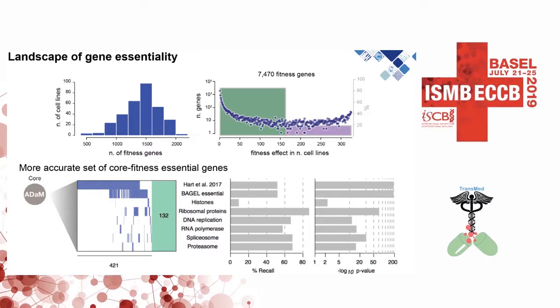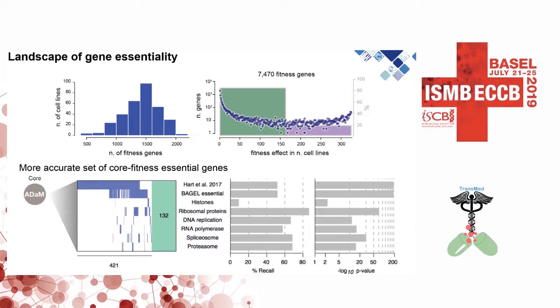So we put together an adaptive statistical method called the adaptive DAISY model, which was able to identify a more robust set of human core fitness essential genes. With respect to other state-of-the-art sets of essential genes published so far, it seems to be more robust and to better cover gene classes that are known to be essential, involved in fundamental cellular processes.